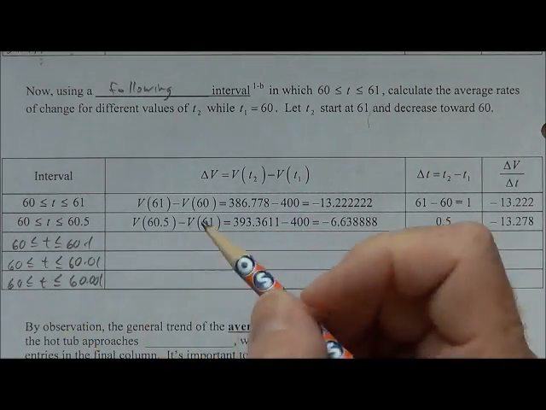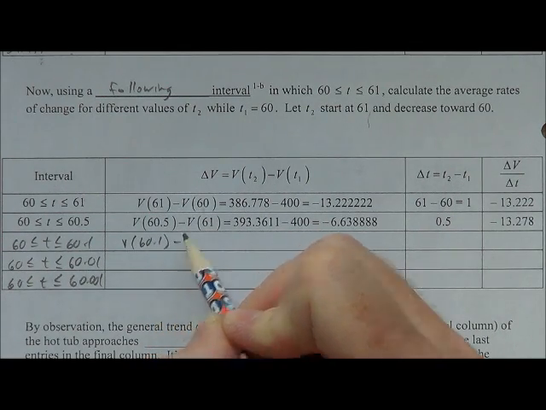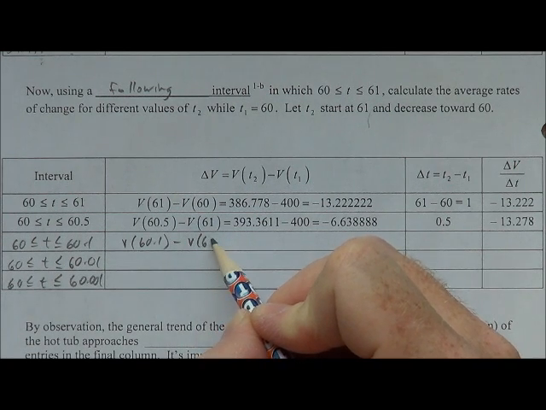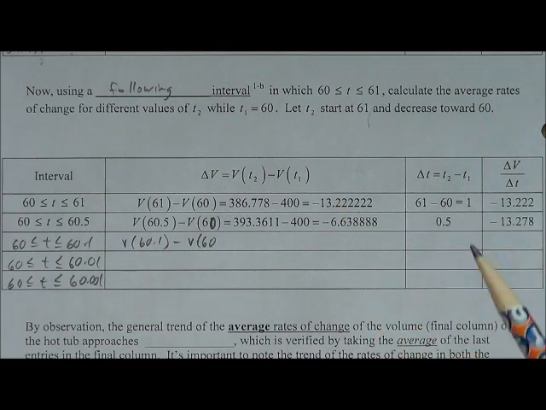And we'll calculate V of 60.1, subtract V of 60, and actually this should be 60 also right here. I made a slight error there.